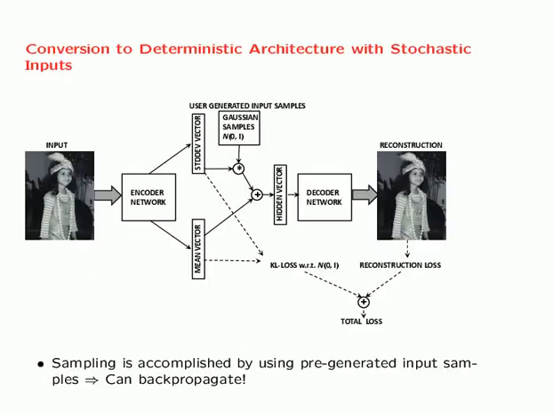So you can interpret this architecture of the variational autoencoder as adding noise to your hidden representation, because the user-generated input samples can also be interpreted as noise. So rather than saying that I'm sampling from this conditional Gaussian distribution, you can also say that I'm adding noise to this Gaussian representation in which the standard deviation vector decides how much noise I should add, and the mean vector is the average representation of the specific input.